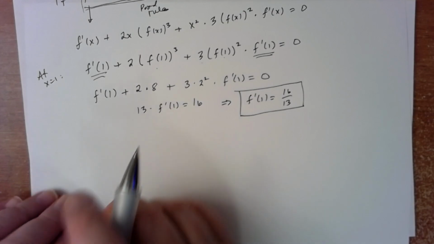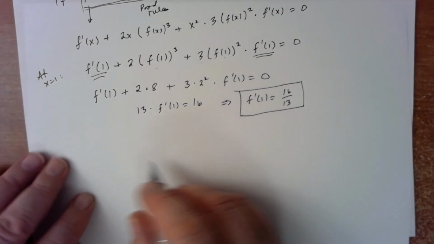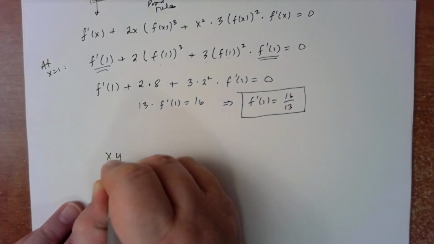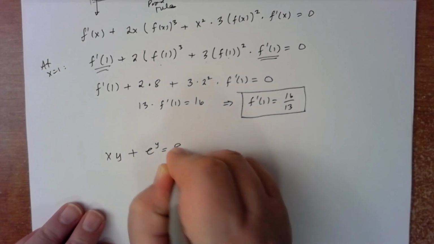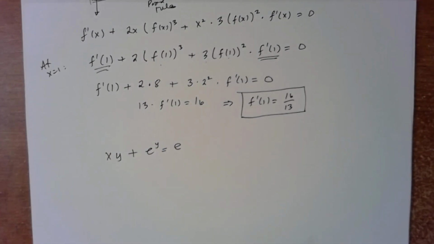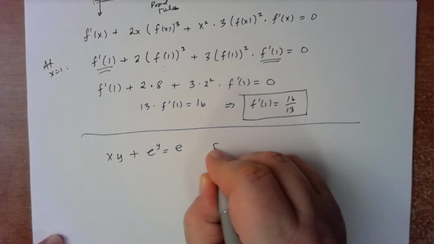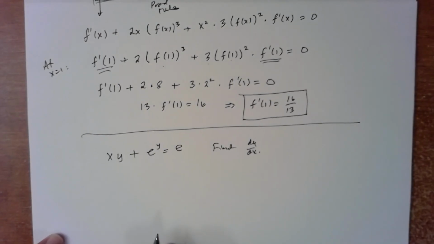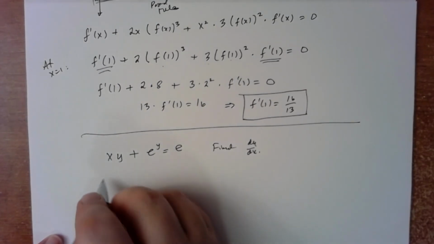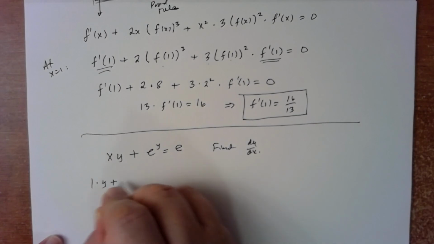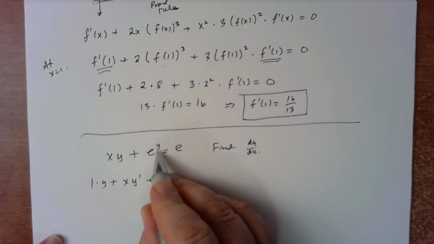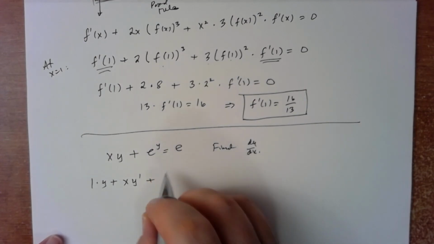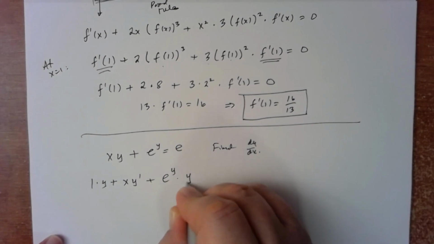Let's see, how would we differentiate something like xy plus e to the y equals e? Find dy over dx. In this case we have a product rule, 1 times y plus x times y prime. And now this is e to the f of x power, so the derivative of e to the f of x power is going to be e to the y times y prime.